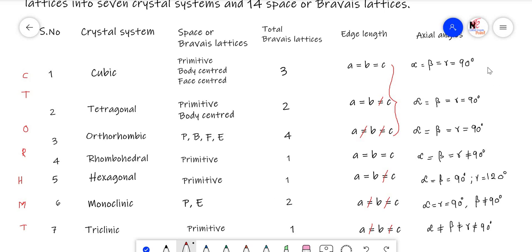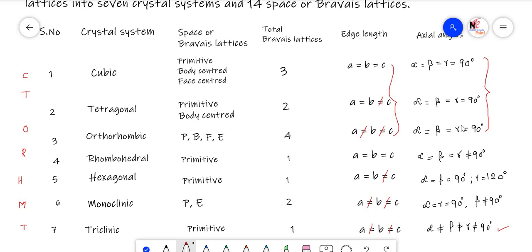Now the axial angles. The first 3 are equal to 90 degrees: alpha equals beta equals gamma equals 90 degrees. Triclinic is always not equal, which we need not remember separately because both edge lengths and axial angles are not equal.